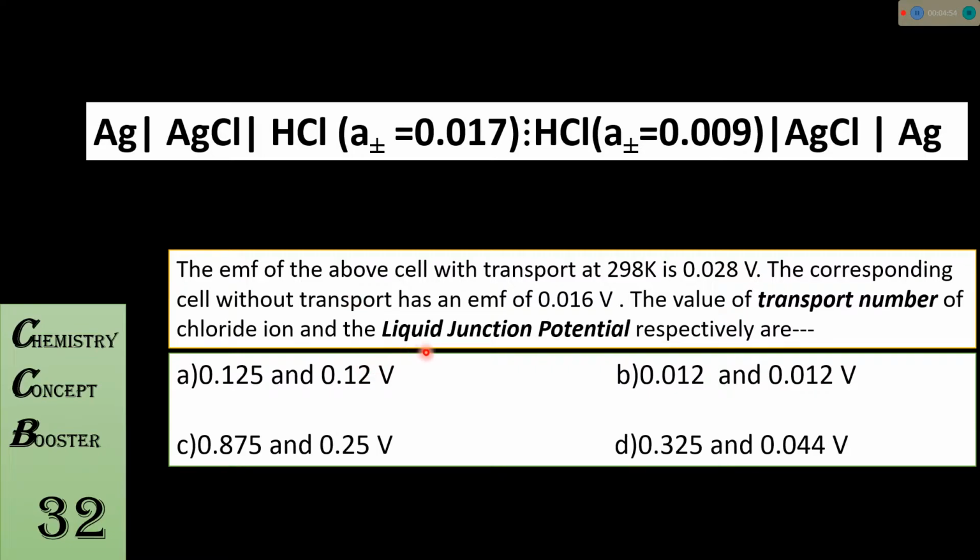If the electrodes of the two half cells are dipped in the same electrolyte, either HCl or KCl or NaCl, then there is no liquid junction potential, and such kinds of cells are known as cells without transport.